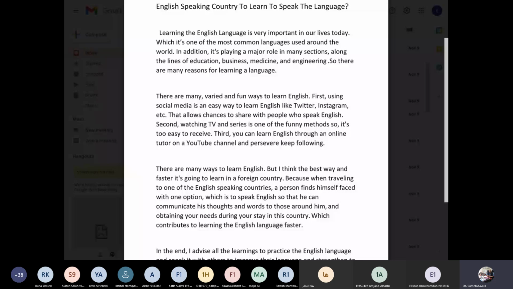You might also have a different opinion. You believe that you don't have to travel all the way to other countries in order to learn the language. You can also talk about that, and you also give reasons, and you can also talk about how.